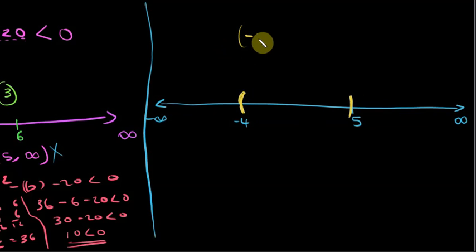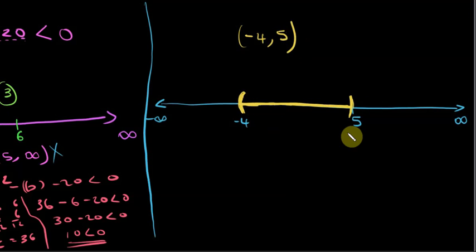All numbers in this region contain the answers to the given condition.